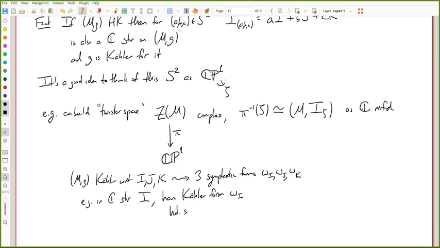So the holomorphic symplectic form varpi_I, which is omega J plus I omega K.